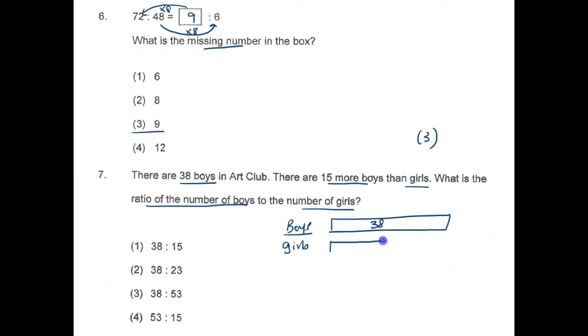So girls, fewer than 36. 15 is here. So to find the number of girls, we take 36 minus 15. Answer is 21. So I want to find the ratio of boys to girls. Boys is 36, the girls is 21. So answer is option number 2.